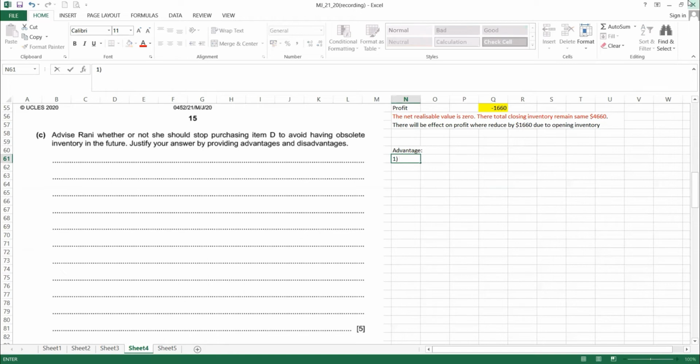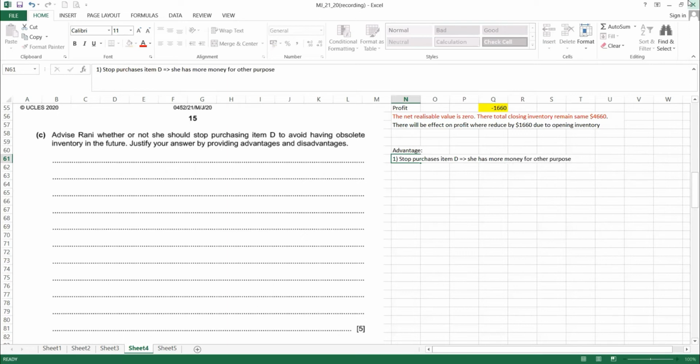So what is the advantage when she should stop? We agree to stop purchasing item D. So she has more money for other purposes.